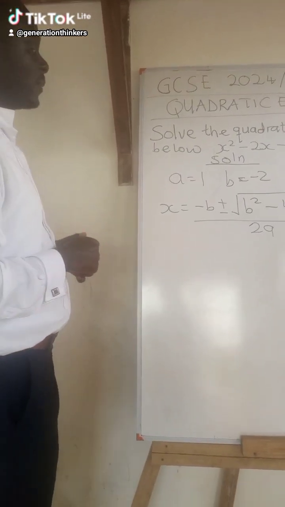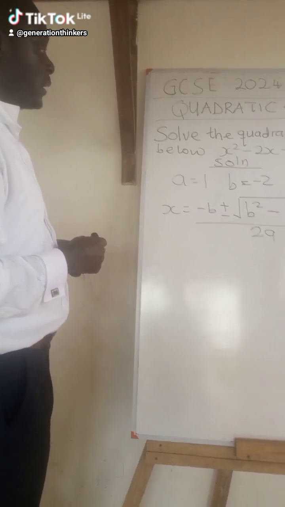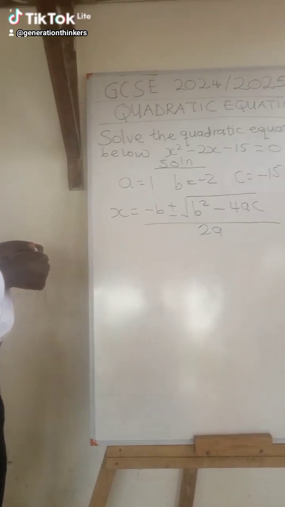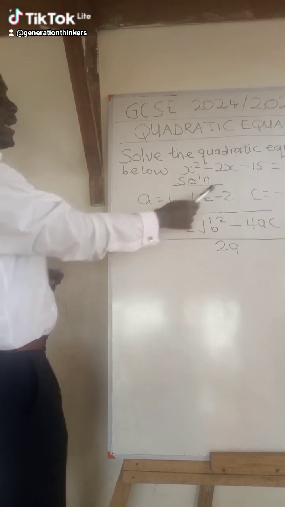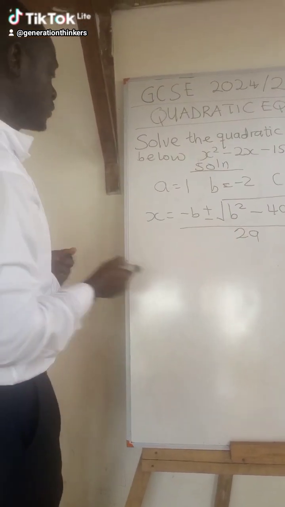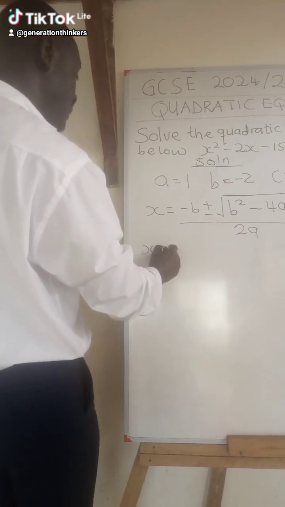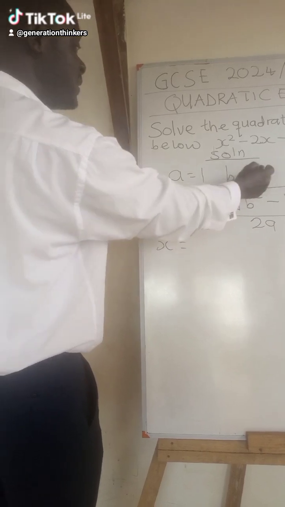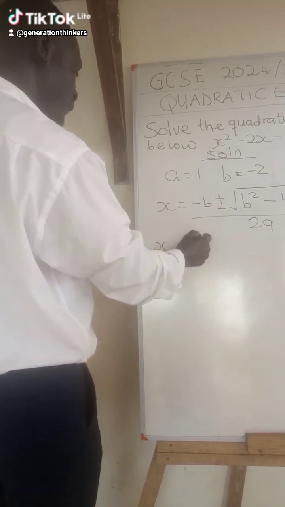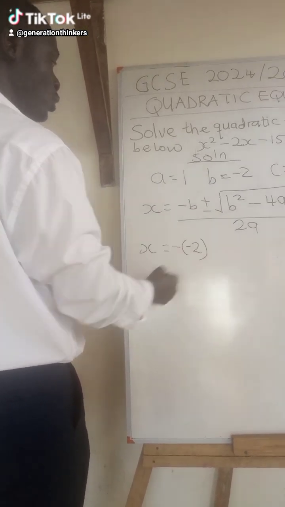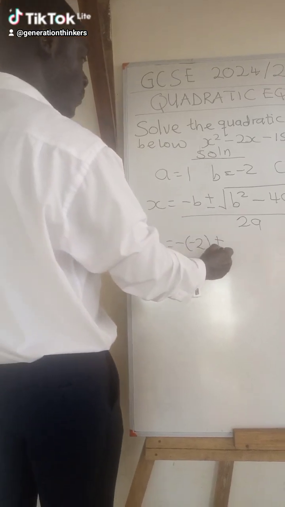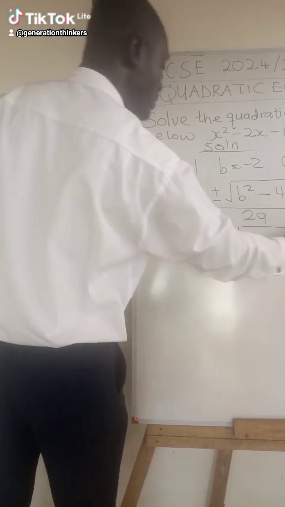Now, the next step is that we will substitute the values of a, b, and c into the formula. So we will have x is equal to negative, in brackets, negative 2, plus or minus, then bring our square root sign.